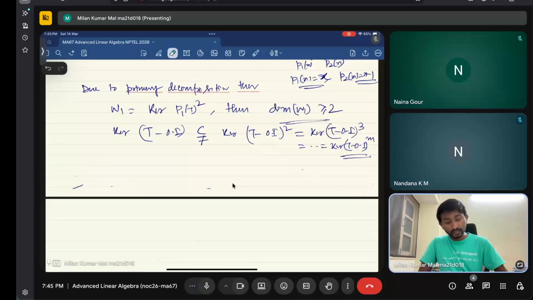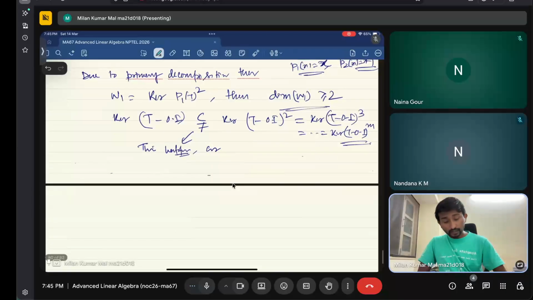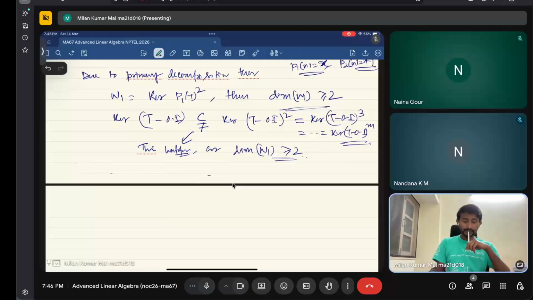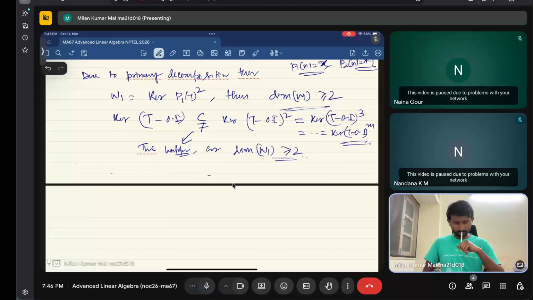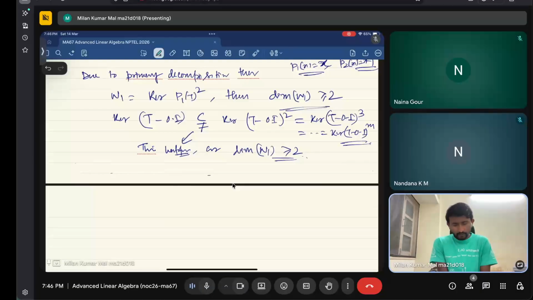So let me give you the reasoning for this proper containment. This properness happens because the dimension of W1 is greater than or equal to 2, and if the kernel of T has dimension greater than 2.